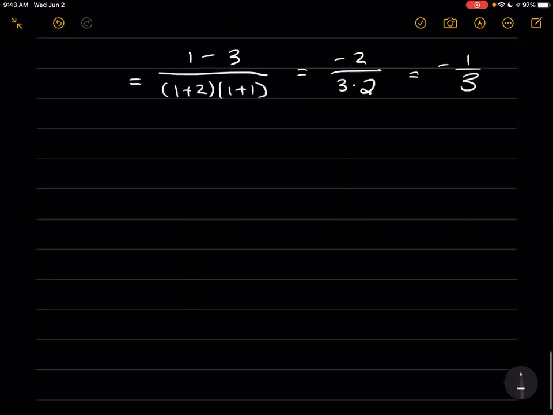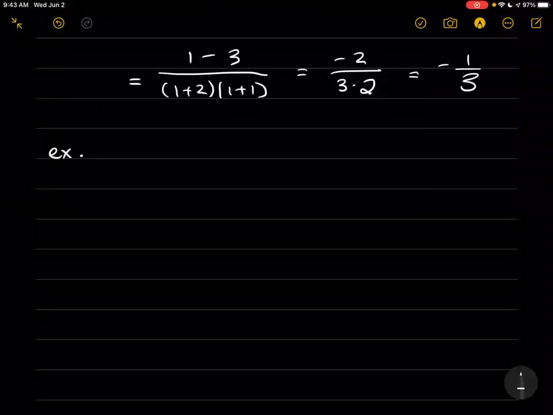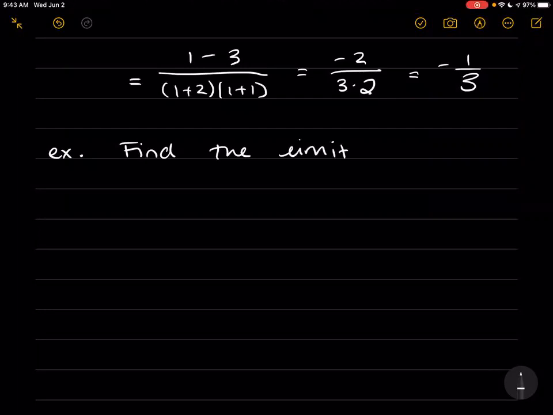Some limits are a little bit trickier though. Sometimes it can be difficult to actually apply any of the fun facts or laws or special limits that we have defined so far. And when we come across a tricky limit like this, we need to do a little more work to it first before we can start calculating.